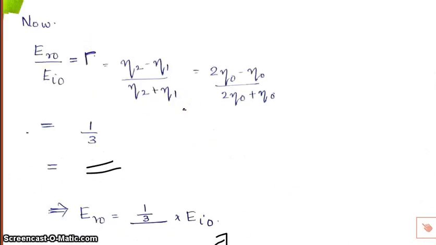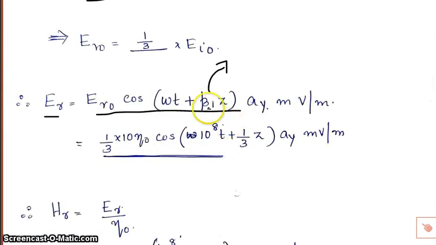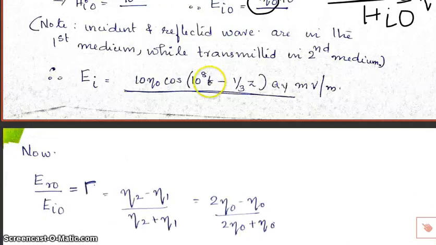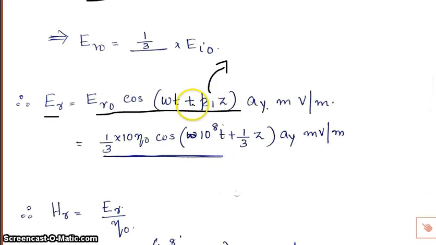Now here you can see, for E_i it is cos(ωt − β). Here for E_r it is cos(ωt + β), because I told you earlier that if the wave is moving along the positive z axis, then the sign will be minus, and if it is moving along the negative axis, then it will be plus.